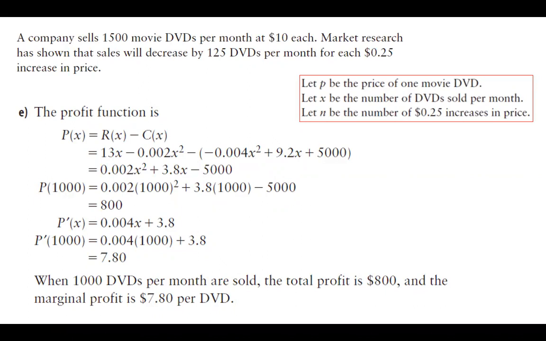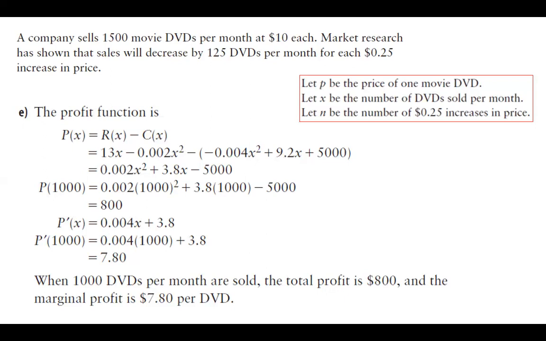Then we can calculate the profit at X equals 1,000. Just plug 1,000 in. This gives us P(1,000) equals 800. And also we want to find the marginal profit when X equals 1,000, right? So first of all, differentiate P(x) to get the marginal profit at any X. P'(x) is given by negative 0.004X plus 3.88.